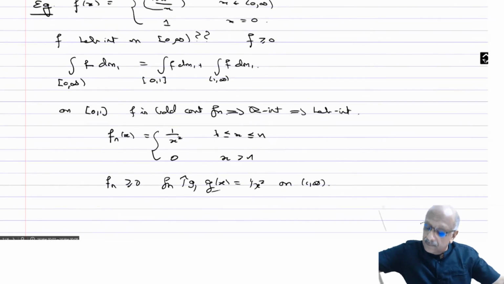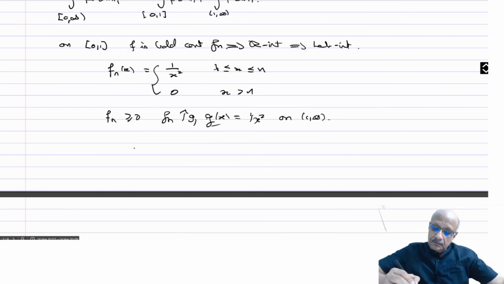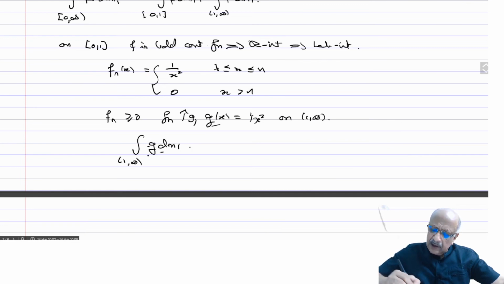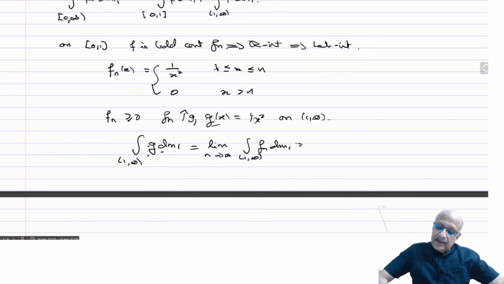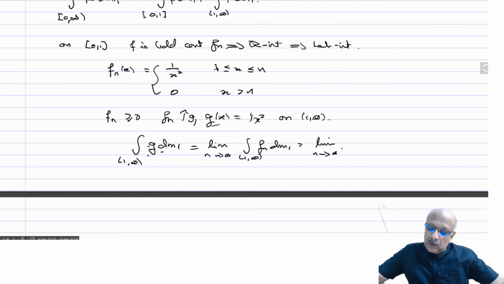Therefore, the integral of 1 by x squared, or rather g, let me call it, the integral of g dm1 on 1, infinity is the limit as n tends to infinity of the integral over 1, infinity of f_n dm1. Now the function is 0 after n, and so this is just the integral from 1 to n.